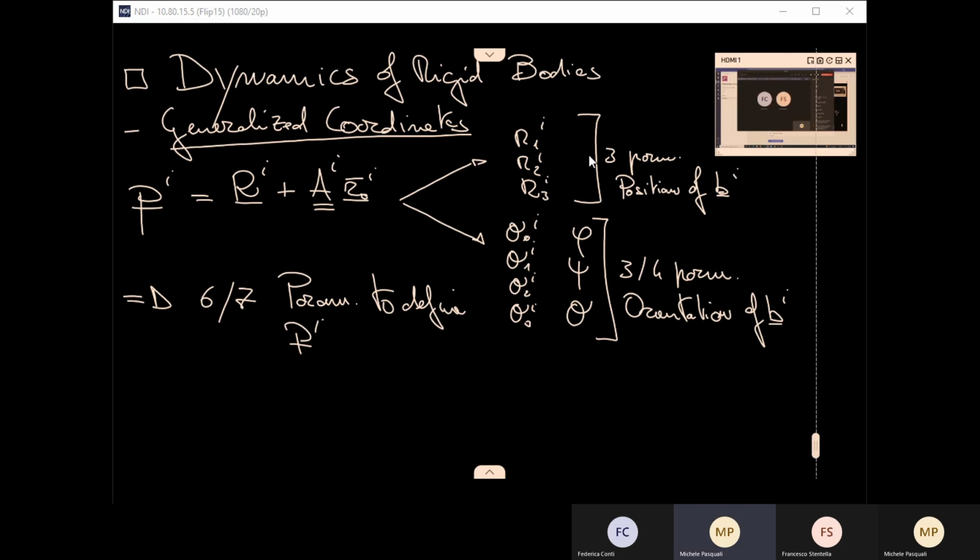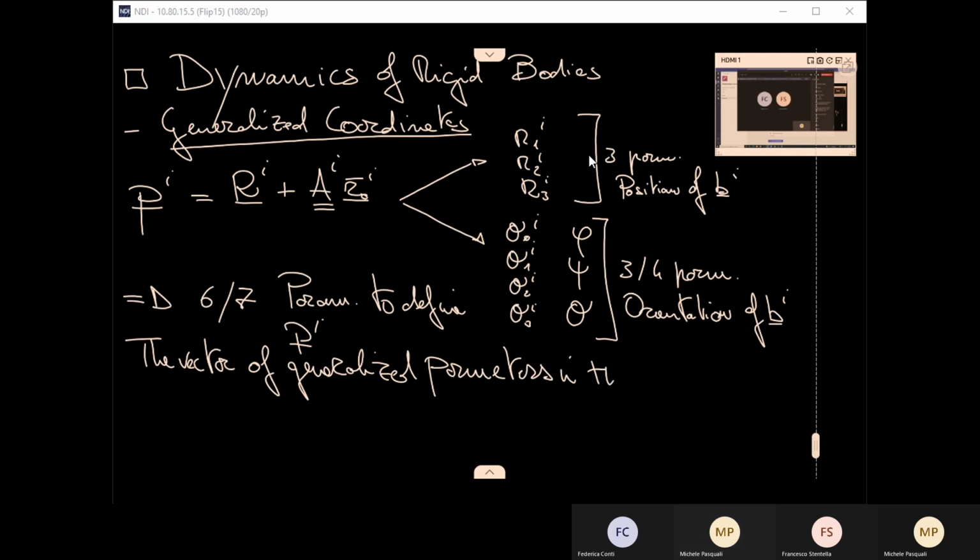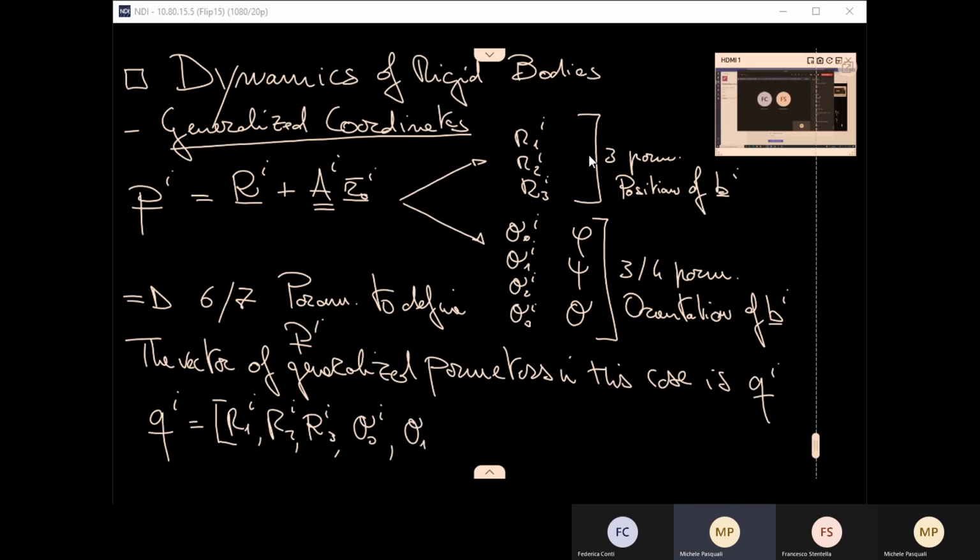So our vector of generalized parameters in our case is q, with q being equal to r1, r2, r3, and, in case Euler's parameters are adopted, theta 0 to theta 3.